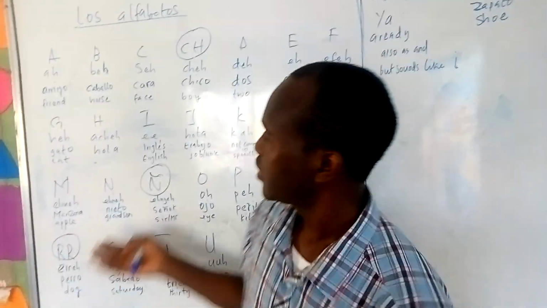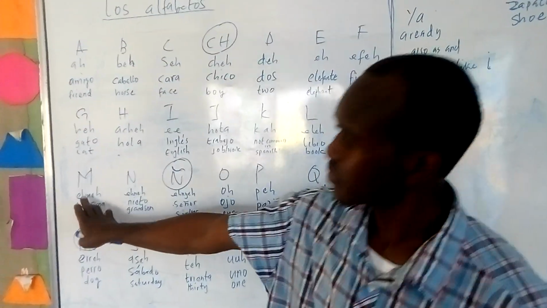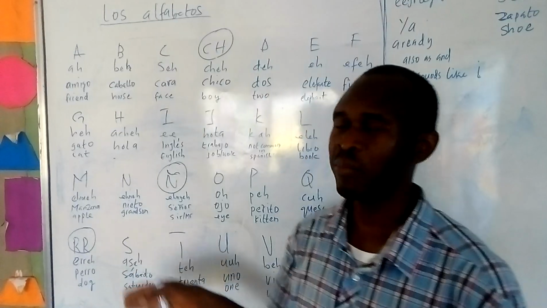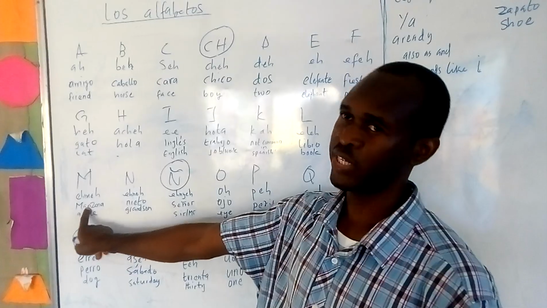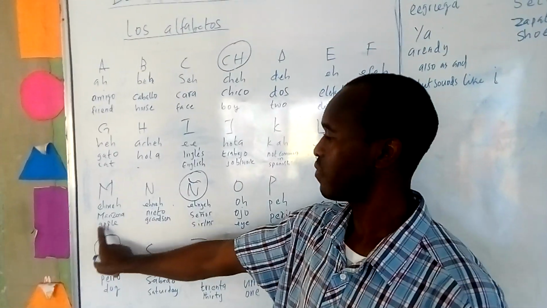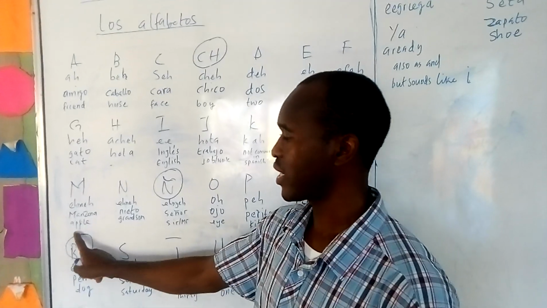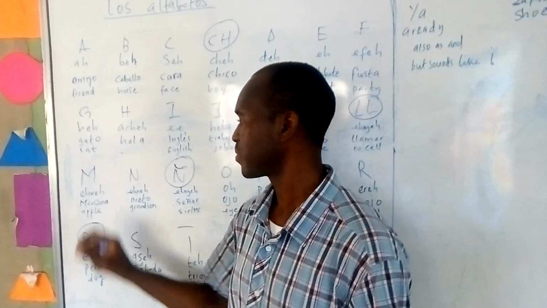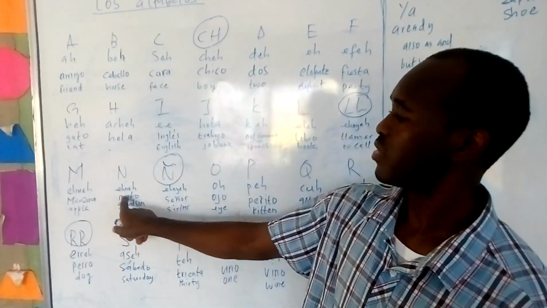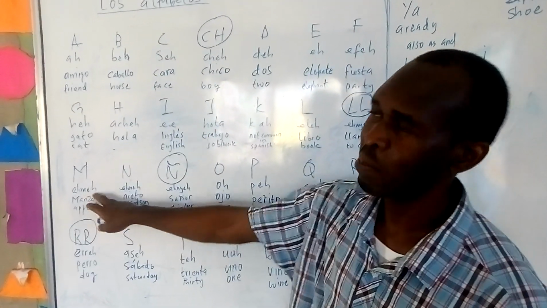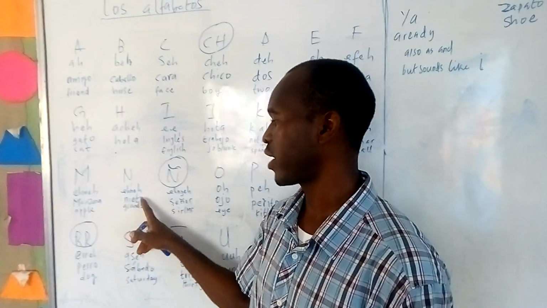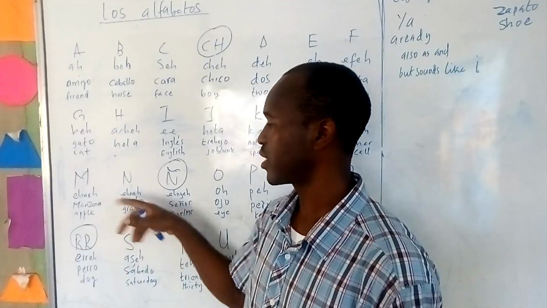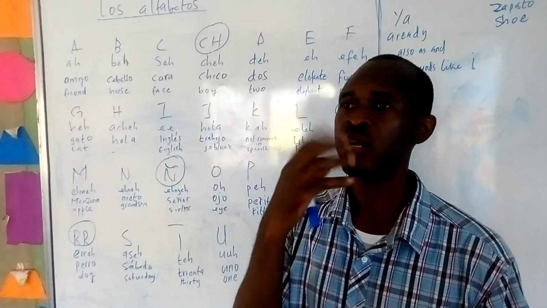All right, then you have the M, eme. In English, mango. You have manzana, that is apple. All right, and here you have N. So N, you have nieto, that's grandson. In English, of course, nose.